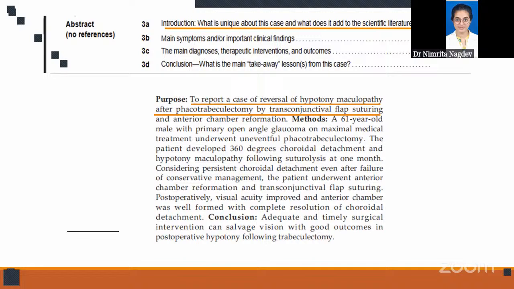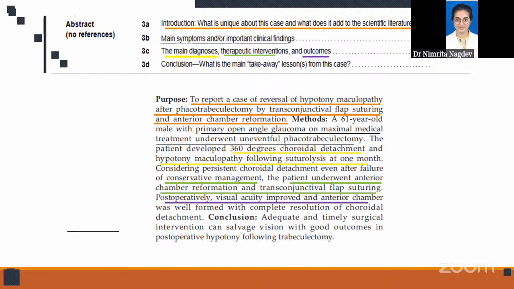Following laser suture lysis, the patient developed 360-degree choroidal detachment and hypotonic maculopathy, which was managed by transconjunctival flap suturing, and post-operatively, the patient improved with complete resolution of CDs with good visual outcomes.